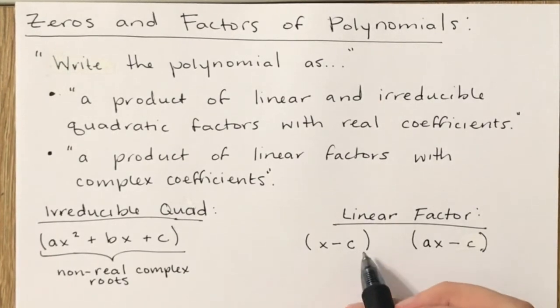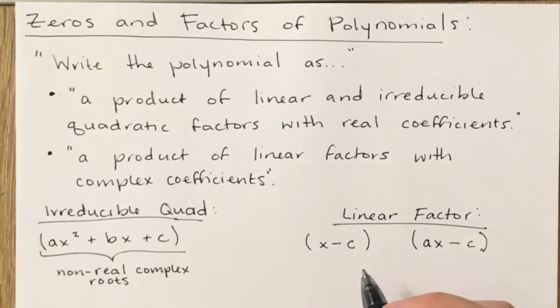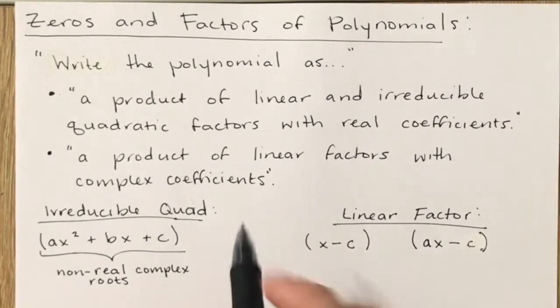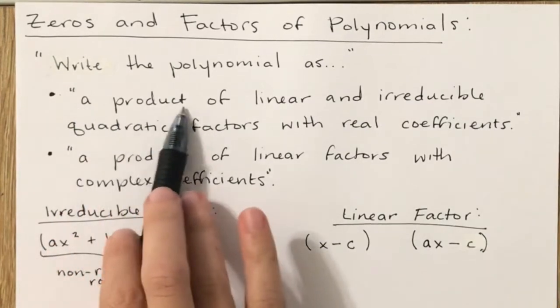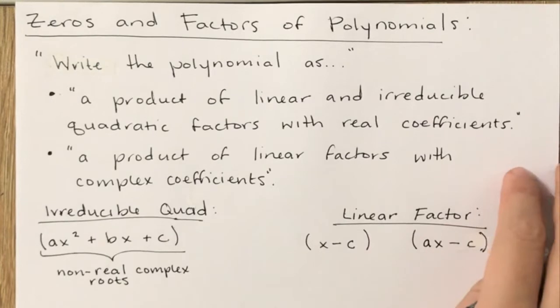We've seen linear factors, of course, like x minus 5 or x plus 1, where we have a real root from that linear factor. We've also seen linear factors that have complex roots, like x minus (4 plus i), or x minus (2 minus 3i), all kinds of stuff. What is this saying? Well, our first one here, product of linear and irreducible quadratic factors with real coefficients.